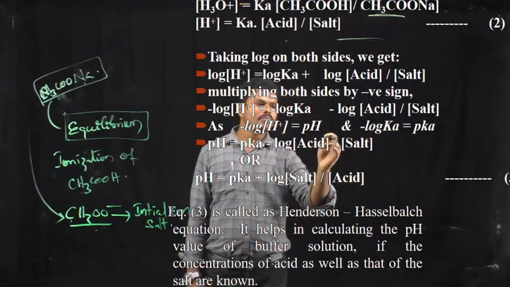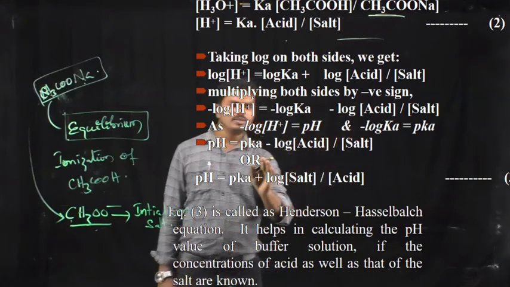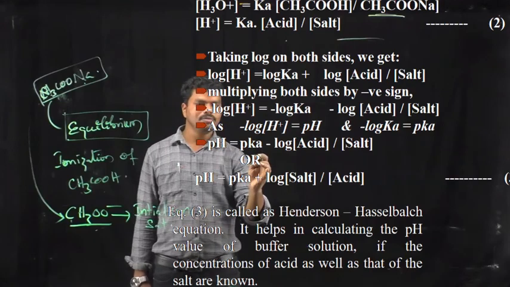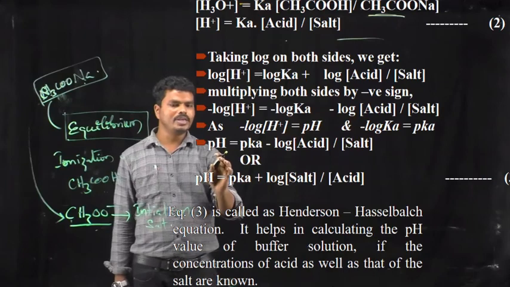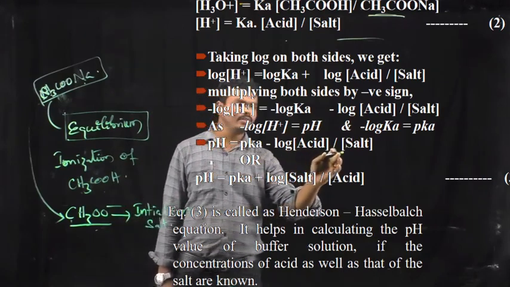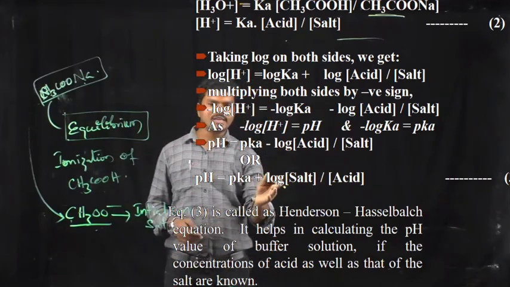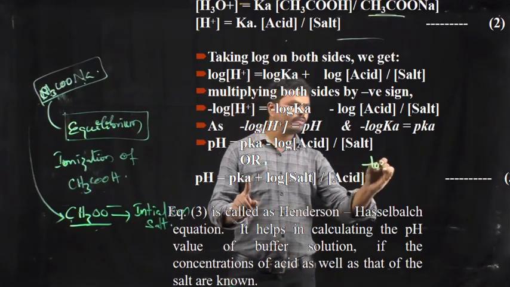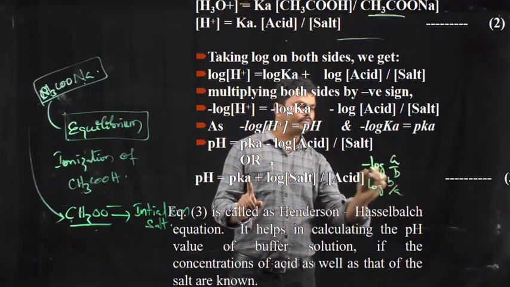So when you replace these terms into this equation, the pH is equal to pKa minus log acid divided by the salt concentration. Or we can write this equation as pH is equal to pKa, why? Because minus log A by B is equal to log B by A. So this is the formula.